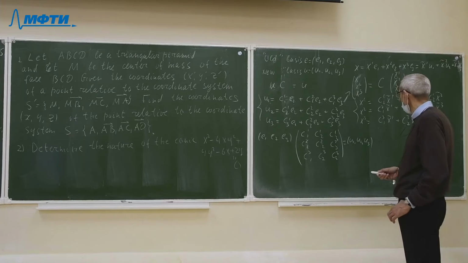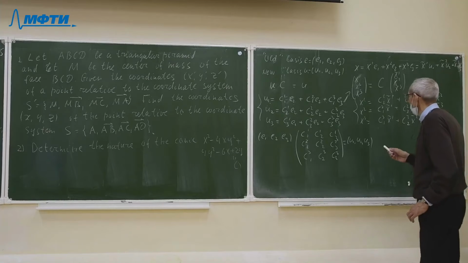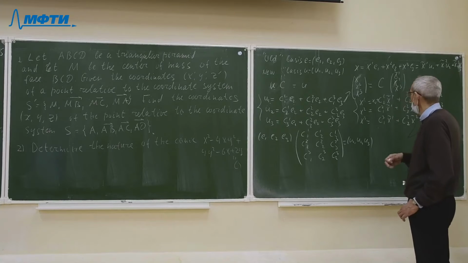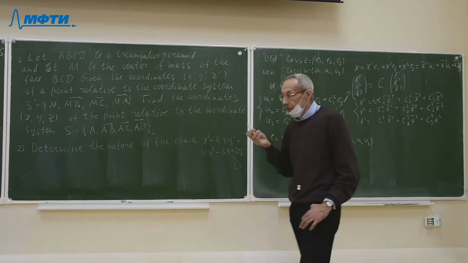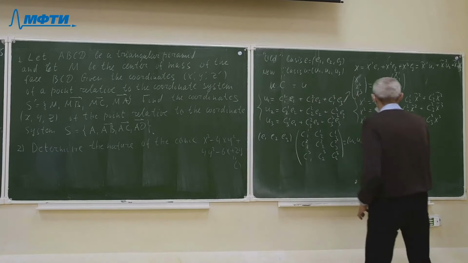And if we have the coordinates of a point, this formula changes in the following way. We can add the coordinates of the origin of the new coordinate system in the old coordinate system.